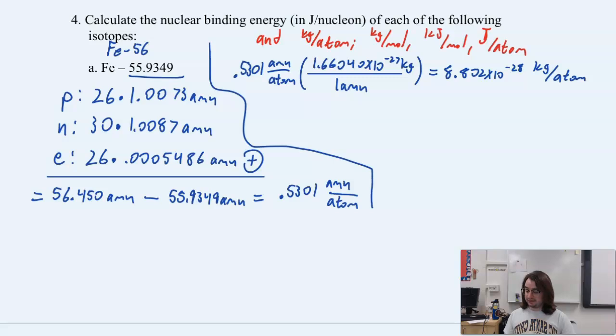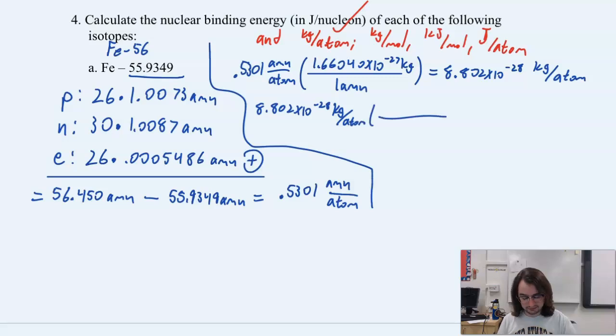All right, so now that I have kilograms per atom, let's take that number and turn it from kilograms per atom into kilograms per mole. So now I'm going to go 8.802 times 10 to the negative 28th, and that's again kilograms per atom.